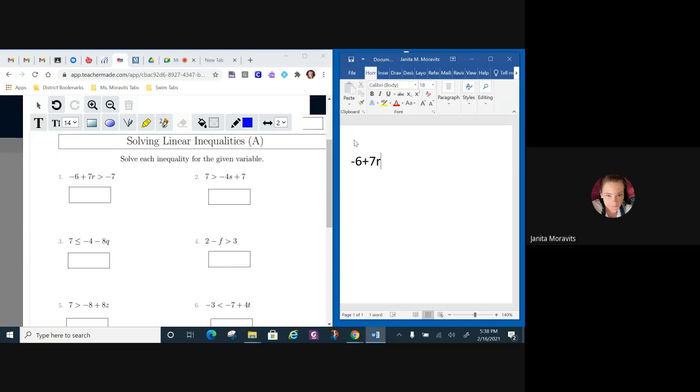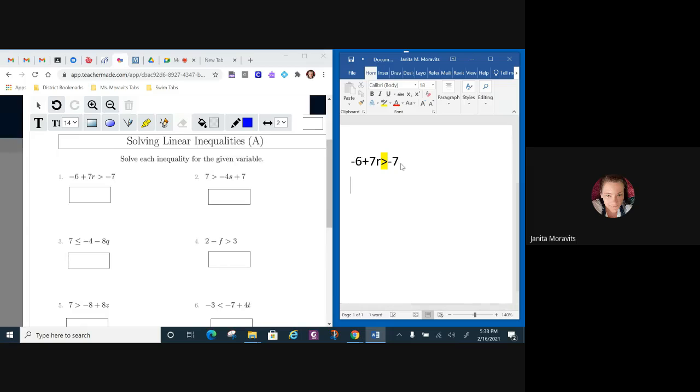All right, and then we have a greater than symbol there. We're going to put a greater than symbol and then a -7, just like that. Now, I want you to imagine that this symbol right here, you're just going to treat it like it is an equal sign while you solve the problem.